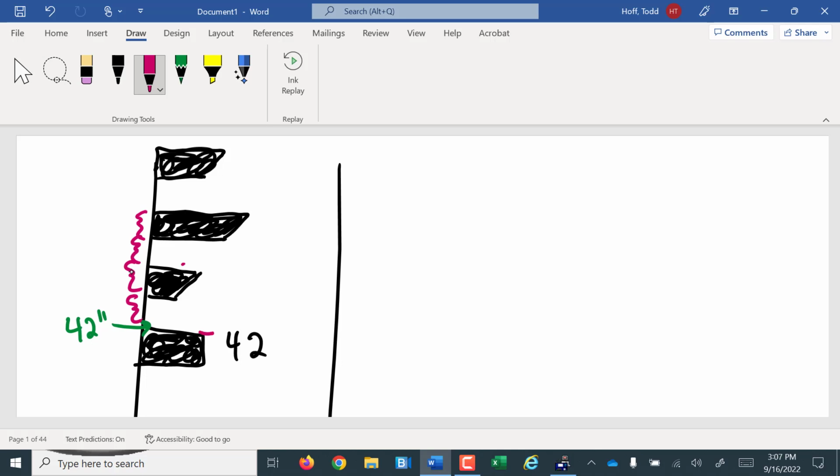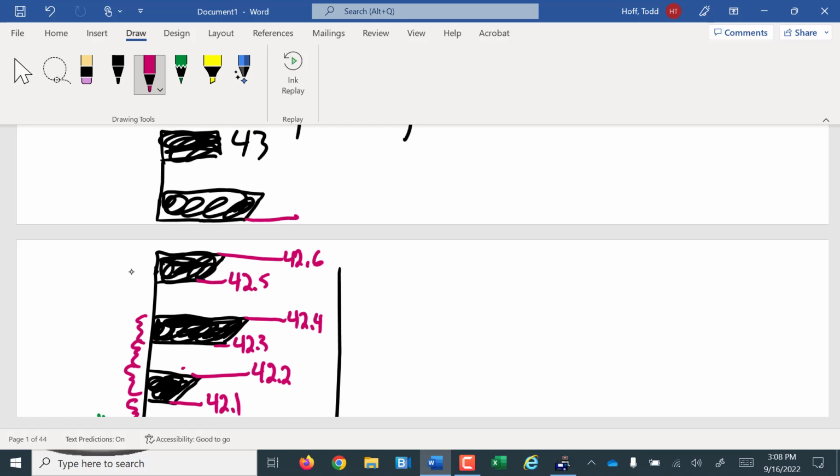So if this is 42 inches, the bottom of this line is 42.1 inches. The top of the line is 42.2. The bottom of this line is 42.3. The top of the line is 42.4. Bottom of this line is 42.5. Top is 42.6. Bottom of this line is 42.7. Top is 42.8.